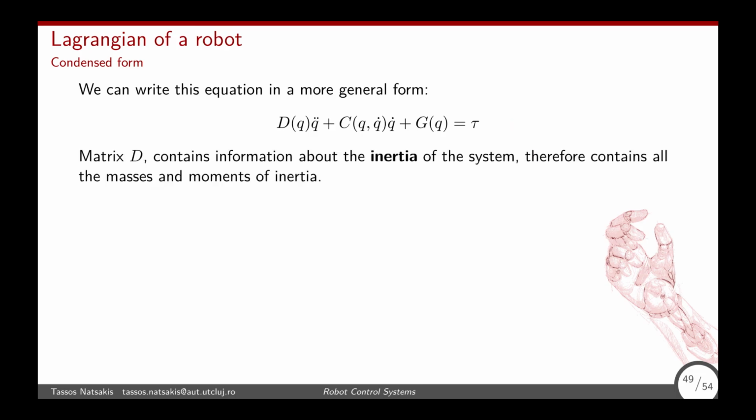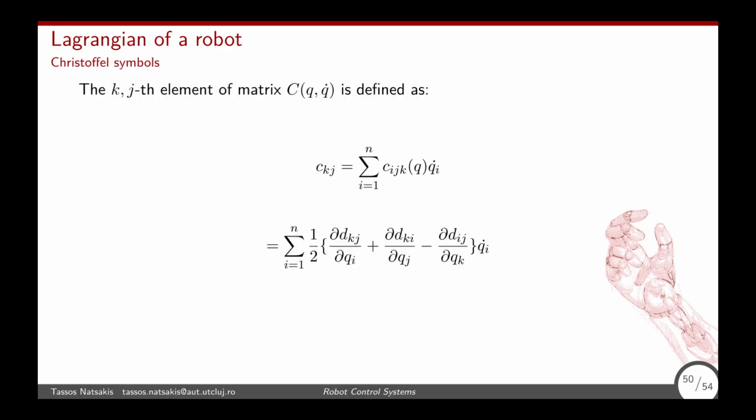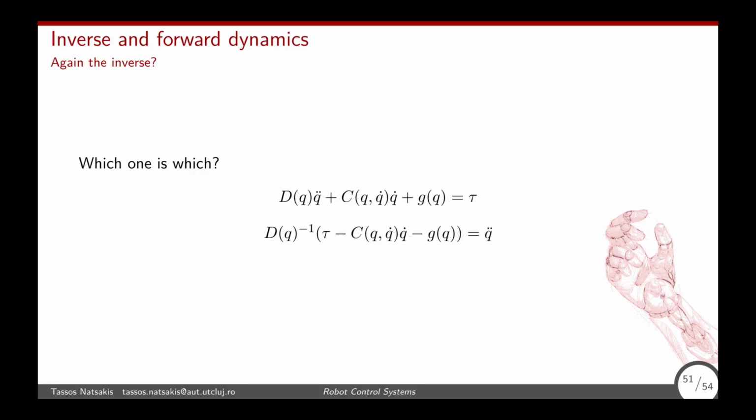So matrix D is the inertia of the system, C is the Coriolis terms, and G is the potential, the gravity matrix. This is how you calculate it. And the only thing to remember is basically that these are matrices and these are vectors, so this is a system of equations.